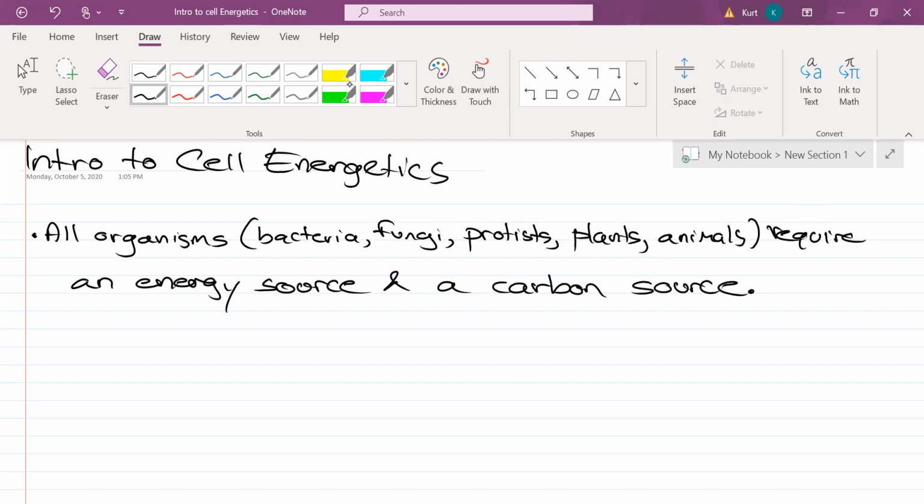And I'll address what those energy sources and carbon sources are in a little bit.